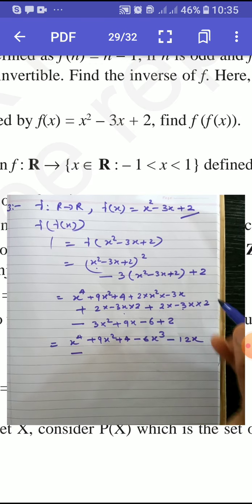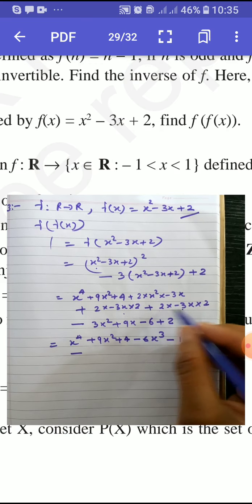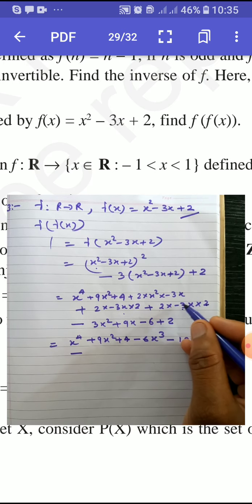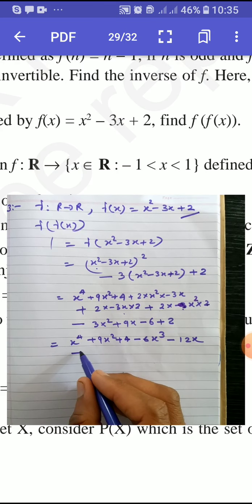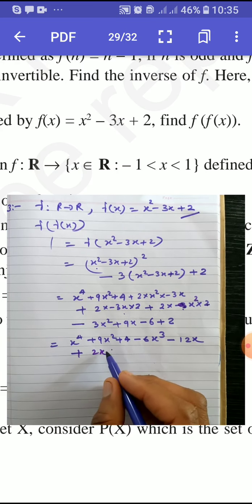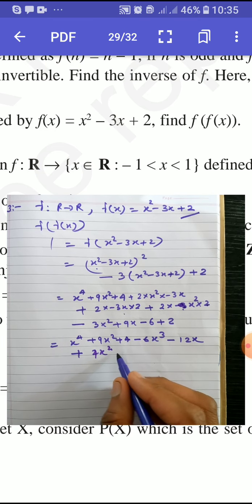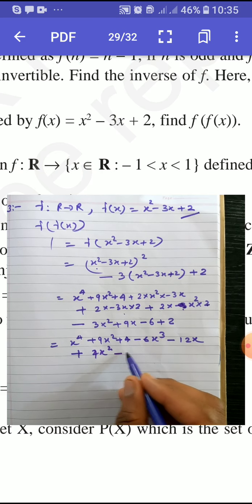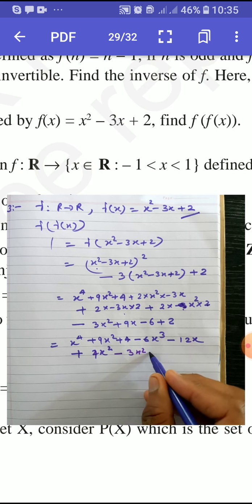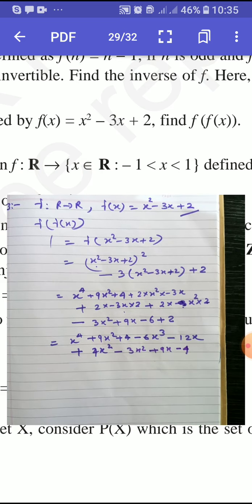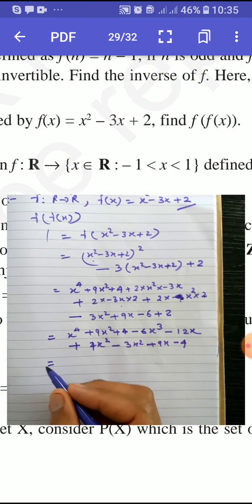2BC or 2CA. I think 2CA. C means 2 and A means x square, right? And plus 4x square, minus 3x square plus 9x minus 4. You can simplify it again.